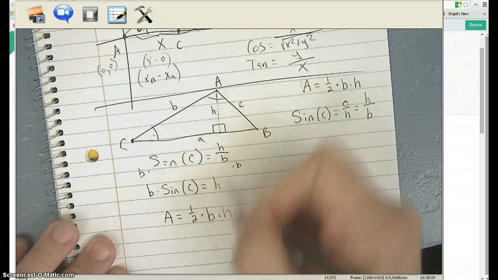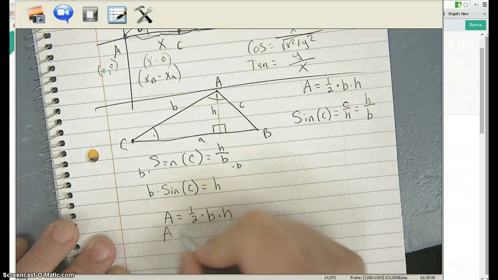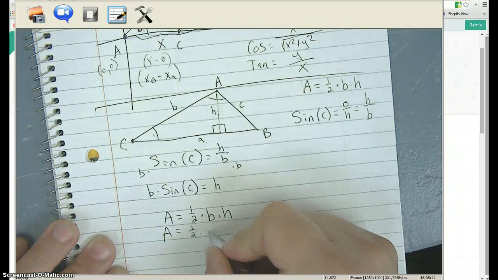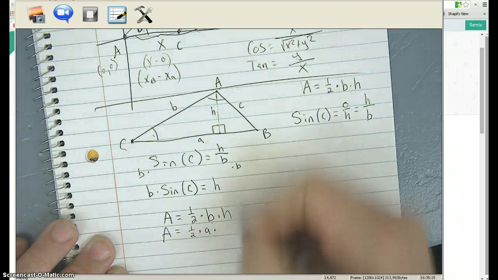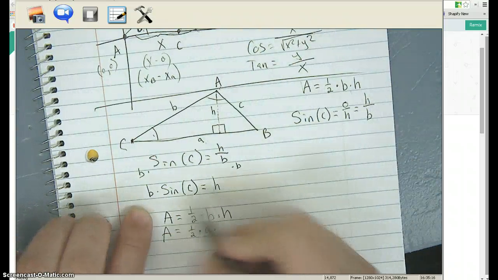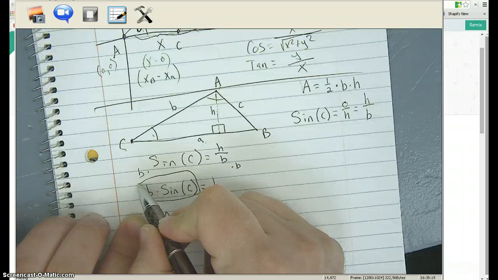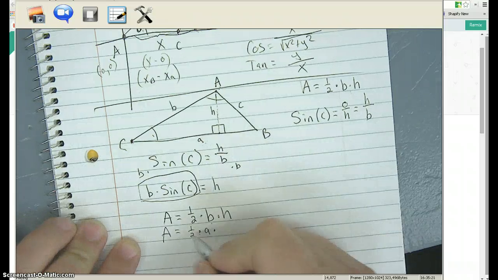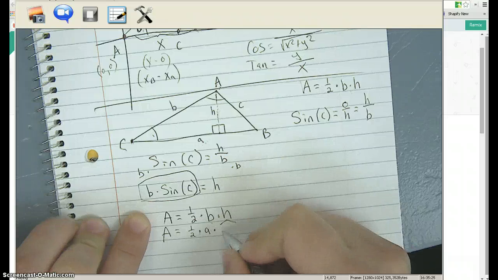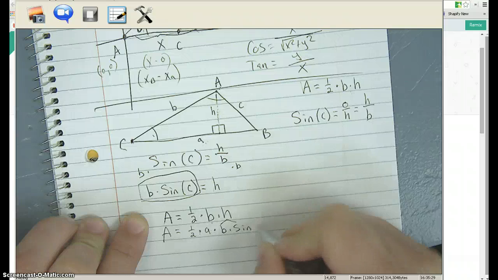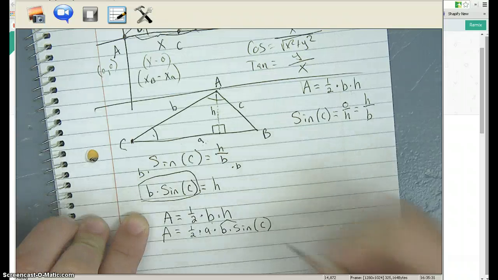Our base is little a, so the area of that triangle is going to be equal to 1/2 times little a, right, times the height. Well, what we know is this is the height. So 1/2 times a times, and then we just substitute in here, b times sine of c.